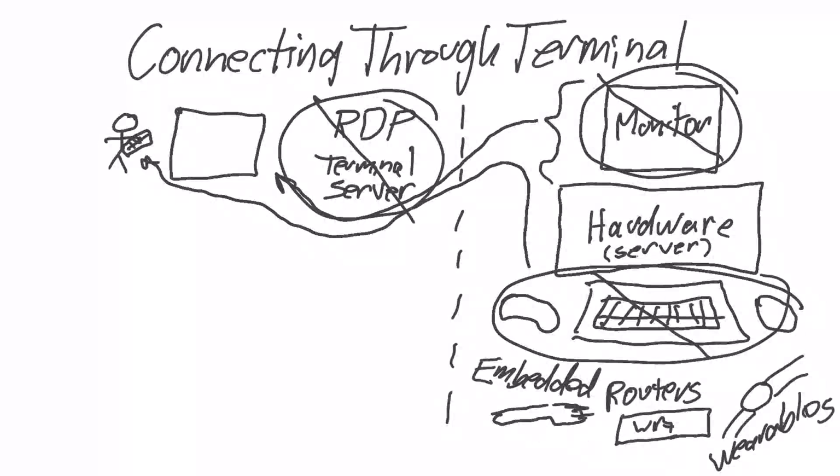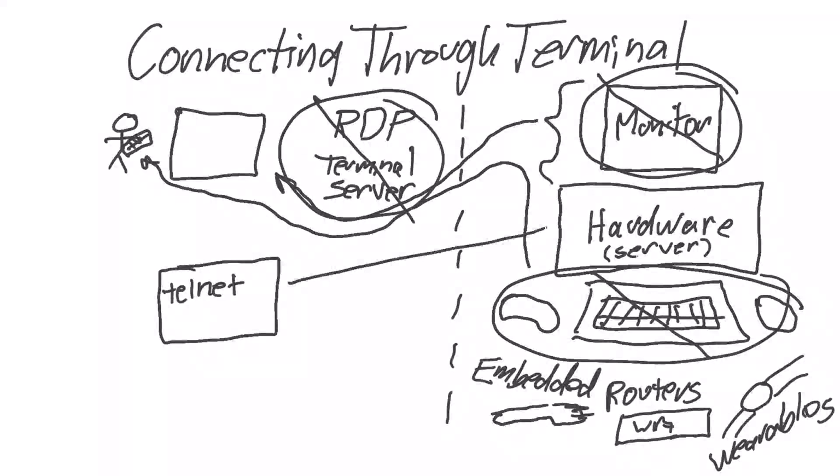Well, the way servers used to work is that there was a program and a protocol called telnet. And it was similar to this remote desktop approach, but it was much lower bandwidth, intended to work in the same building, or at most over telephones.